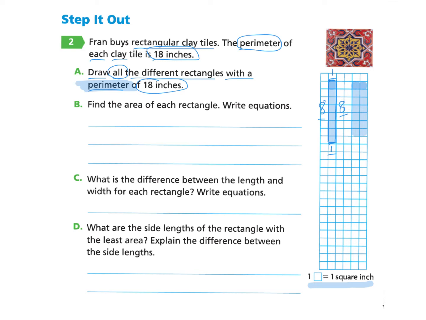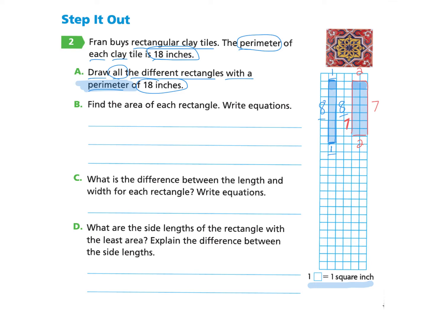And then I'm going to show you what the perimeter is. So we have 2 square inches here, and then we have 7 along this long side, another 2 here, and along this side we have 7. So we have 2 plus 7 and 2 plus 7, which makes a perimeter of 18 inches.